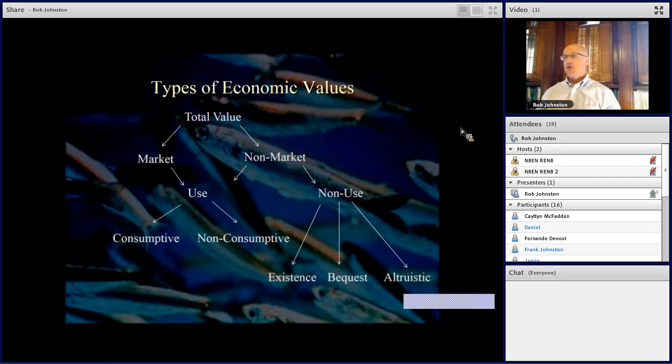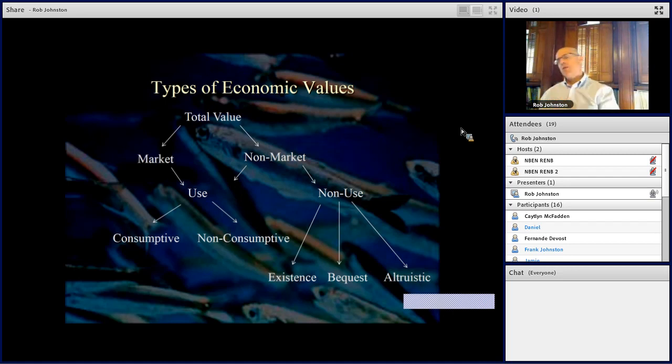These are values for things like recreation at beaches, breathing clean air, being able to live in a town where you have nice open space and can see trees. These provide value to people, but you can't buy them directly in a market. I can't go to a store and buy drinkable water in a river or lake. That's a non-market value. Those values are real, but they're harder to measure.